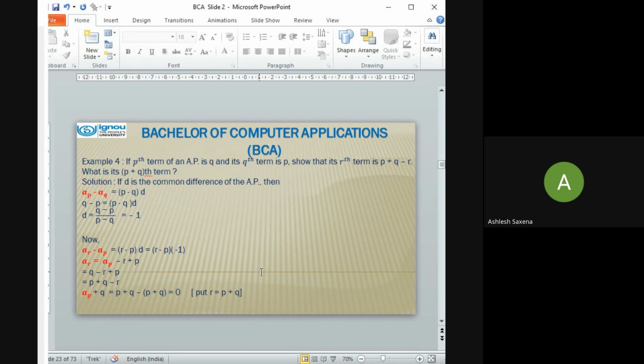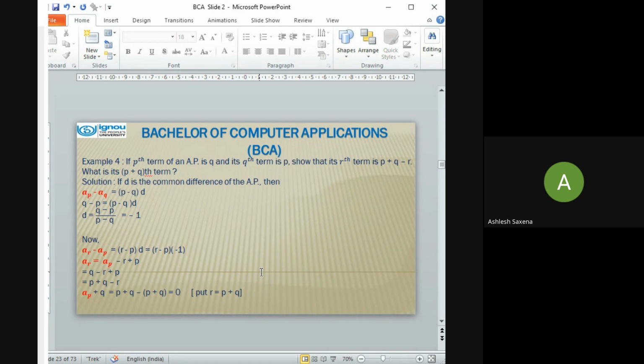So you can see what is given to us and what we have with us. It says that the pth term is Q and the qth term is P. We have to find the rth term first, and we have to show that the rth term is P plus Q minus R. So what we are doing: AP minus AQ is equal to the difference into the common difference.